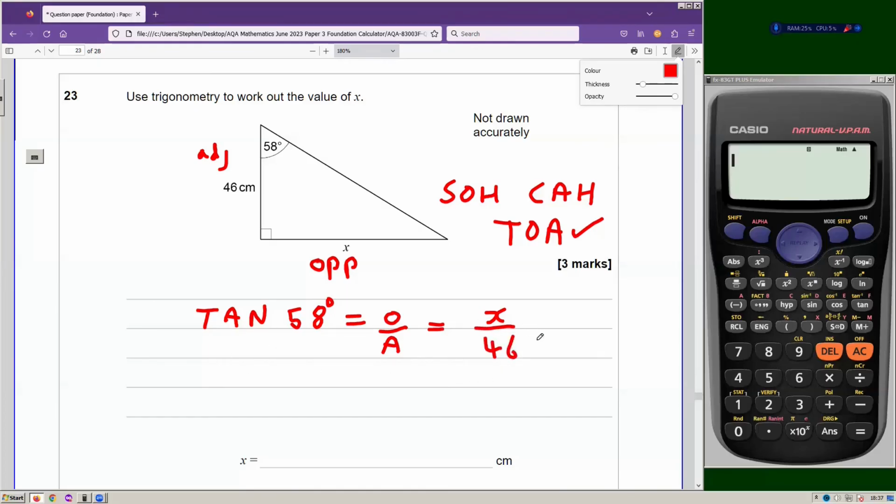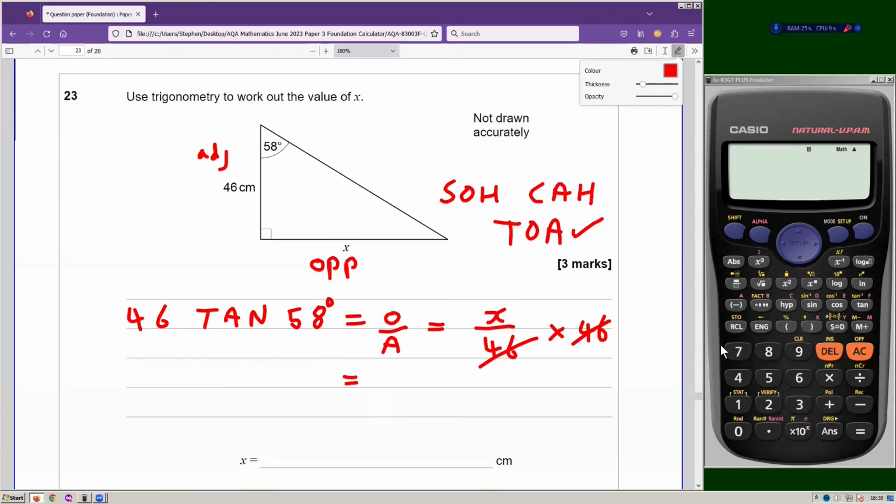So if we times both sides by 46, to get rid of that divisor, I'll do the same to this side. 46 tan 58 will give us the x. Okay, so that equals whatever.